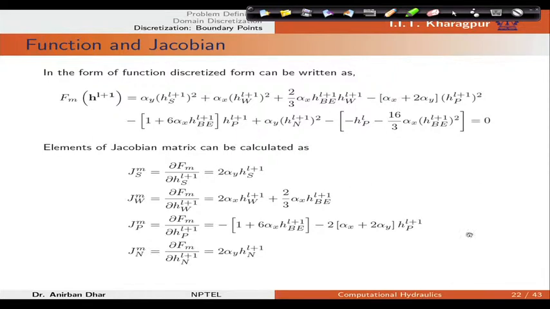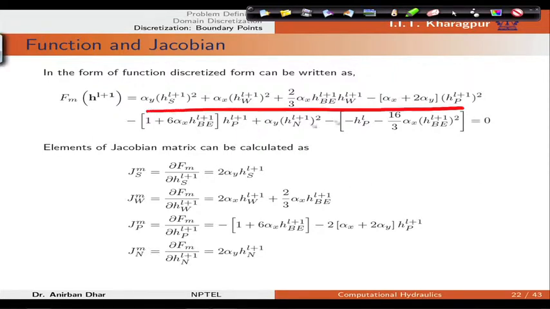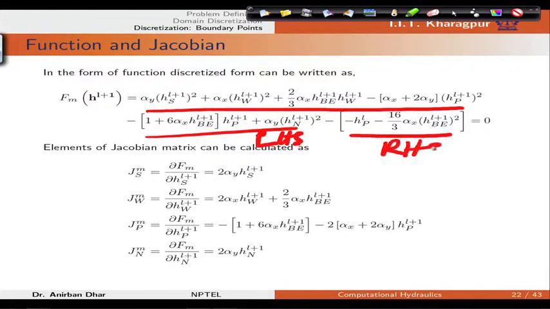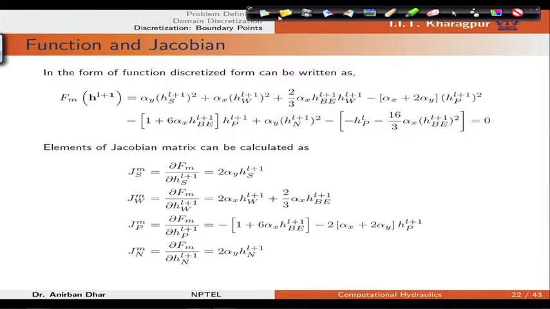Now, this is a functional form, this is our left hand side, this is our right hand side. Now, if we take individual components or elements of the Jacobian matrix, we will get like this.